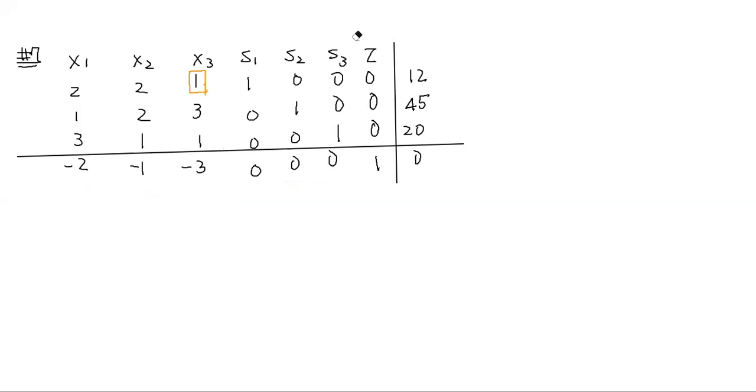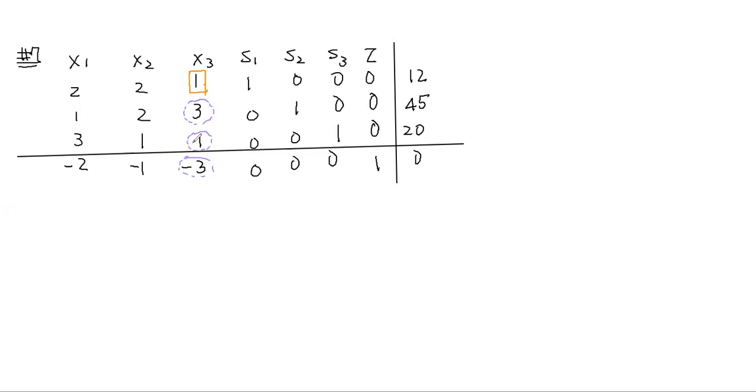Now let's take a look here. What is my goal? My goal is to make this one 0, this one 0, and this one 0. That's what pivoting means here.